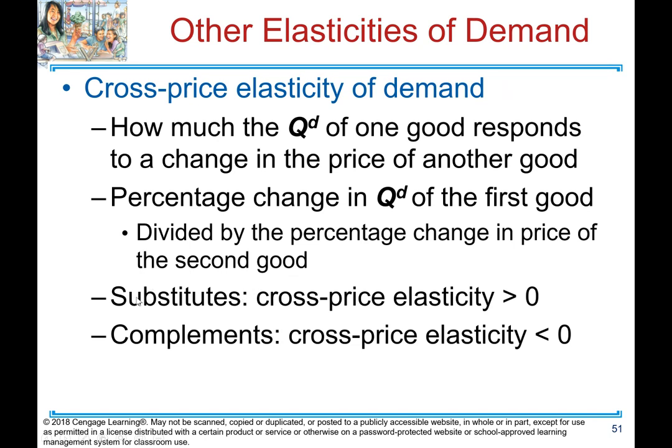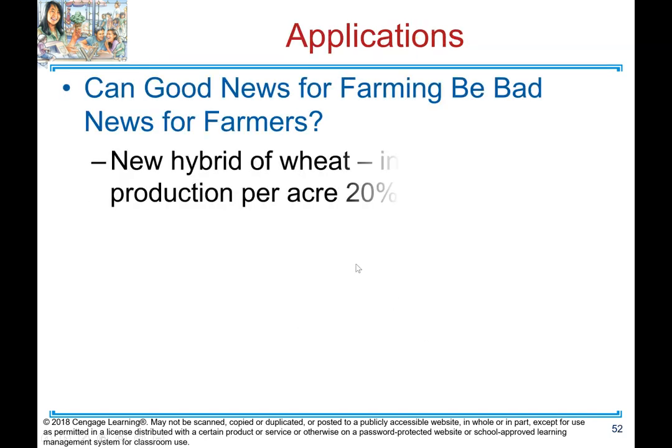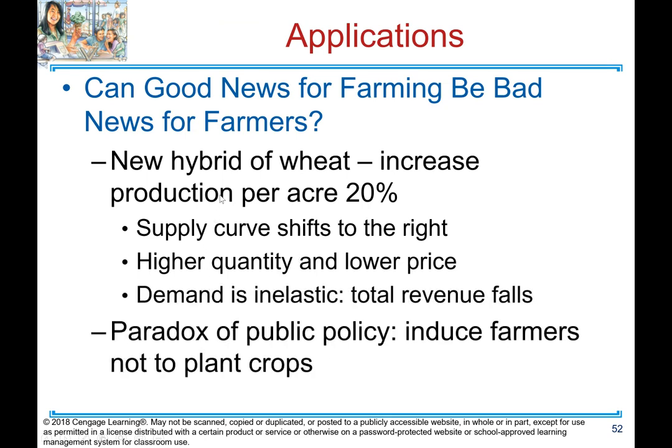If the two goods are substitutes, the cross price elasticity coefficient will be a positive number, a number greater than 0. If the two goods are complements, the cross price elasticity of demand will be a negative number, less than 0. Let's look at some applications.